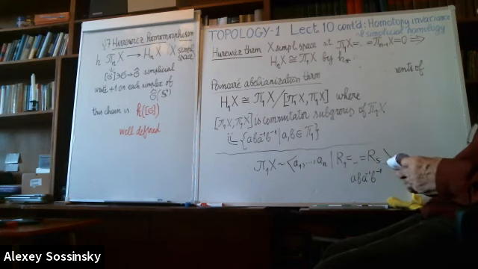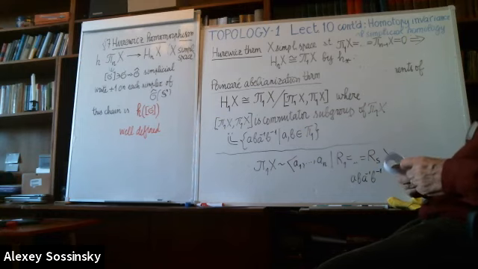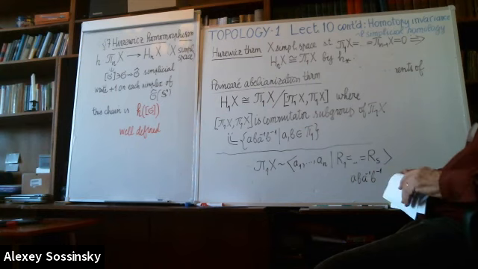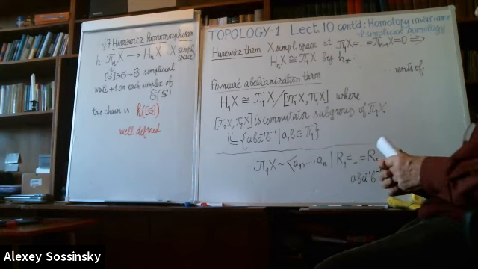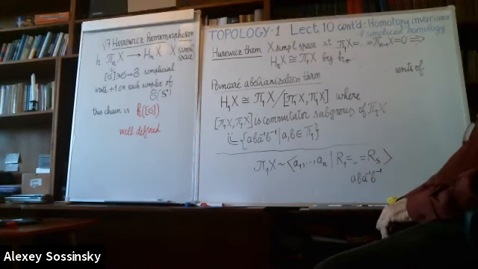Well, because from the point of view of category theory, this is a wrong theorem, because simplicial homology has to do with simplicial spaces, and its definition involves homotopy of topological spaces.